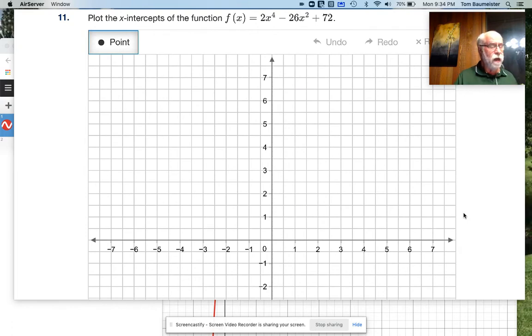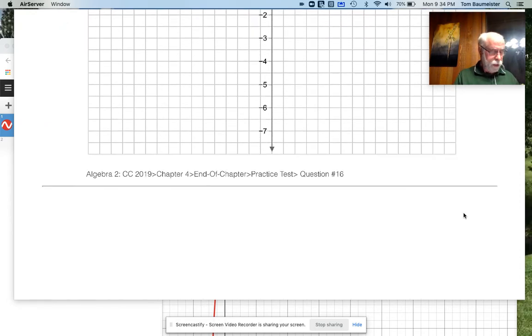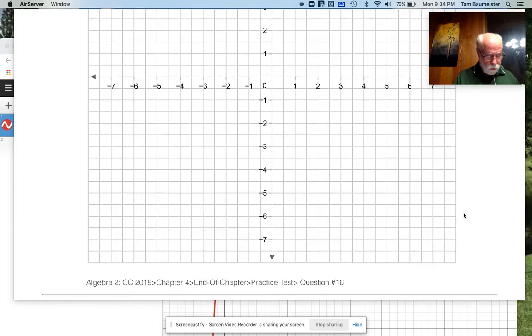On number 11, it says to plot the x-intercepts of the function 2x to the fourth minus 26x squared plus 72. You could probably look at it and graph it if you want, ladies and gentlemen. Again, or you can do something like this.